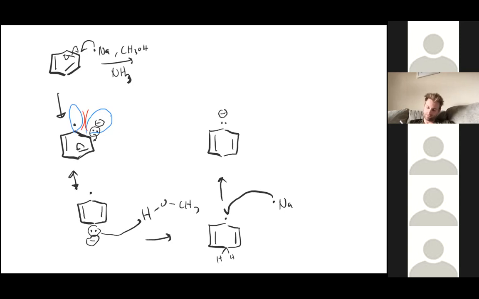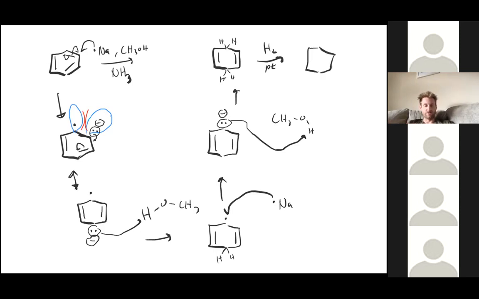Pick up another proton. And we'll make this system where our double bonds are on either side. From here, you can throw in an H2. It's not aromatic anymore. We got sp3 centers. And we can get down to cyclohexane. This is referred to as a Birch reduction.